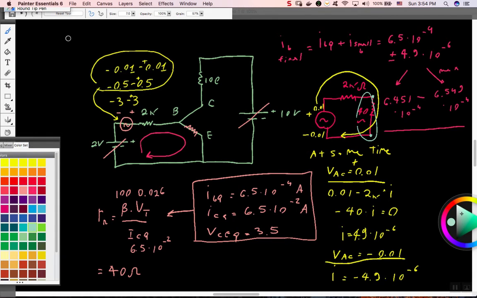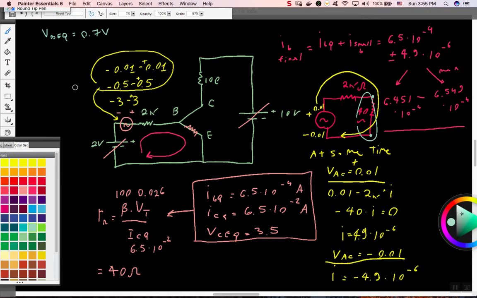So let's see what will be the final VBE. The large signal VBE is, let's say, 0.7. It's not exactly accurate, but let's say that VBEQ is 0.7 volts. What will be the effect of the small signal on VBE?